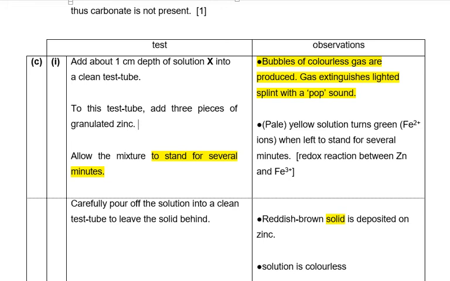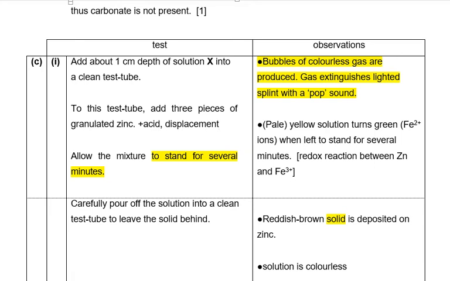When I add a metal, what am I supposed to observe? Most of the time, it is going to be an acid plus metal reaction, or it can be a displacement reaction.